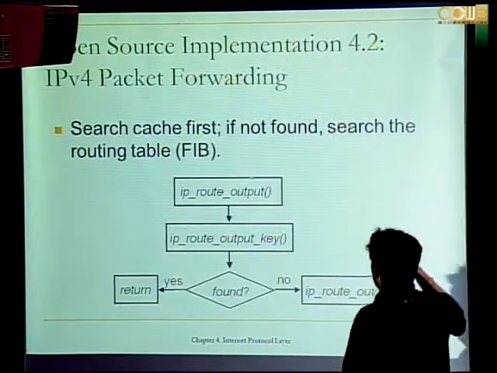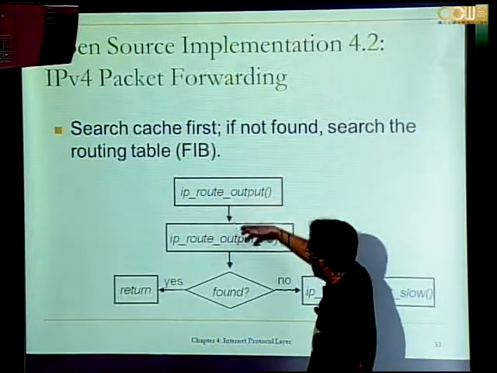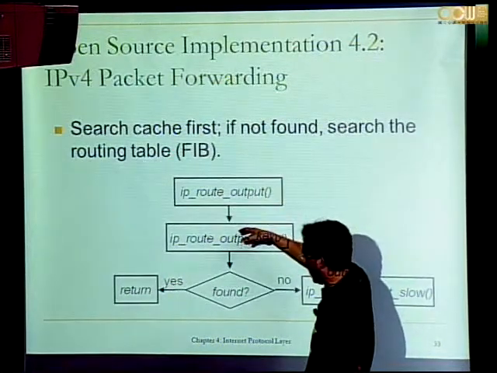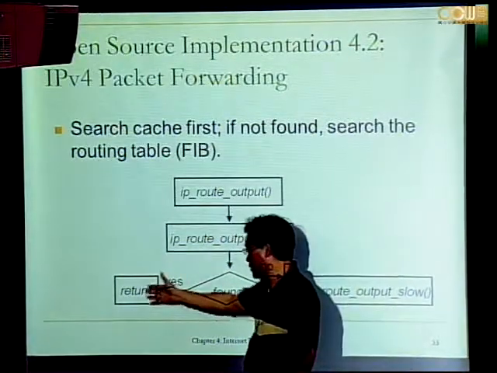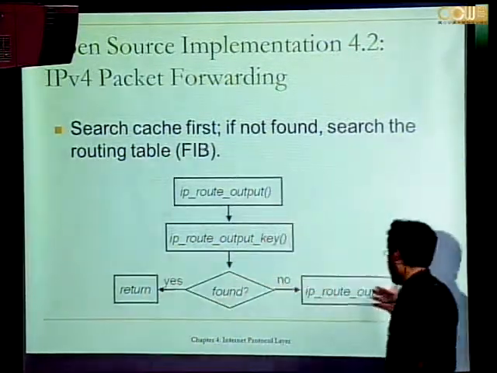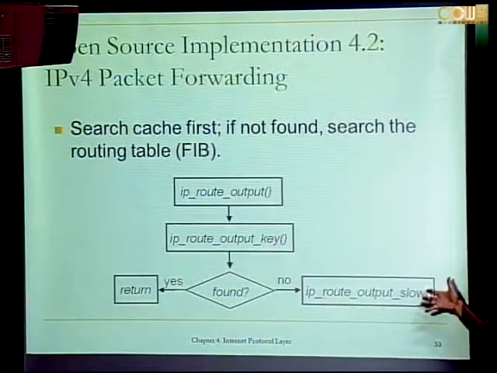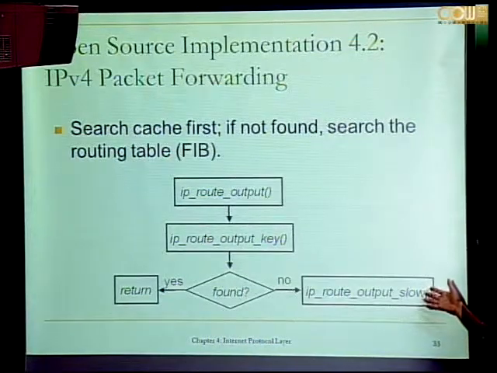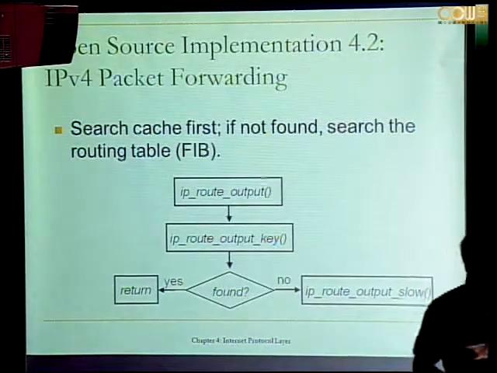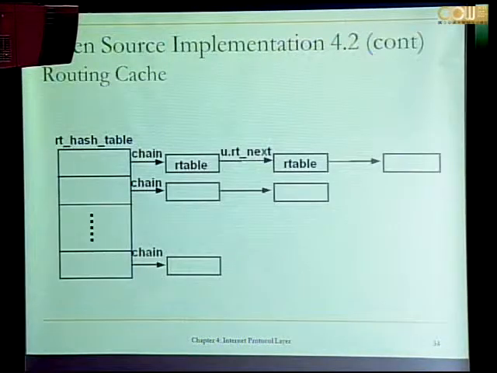So here you search the cache, and if found, if cache hit, then done. If cache miss, then you do this, and this is slow. It's going to be slower because you are looking at a large table, the FIB.